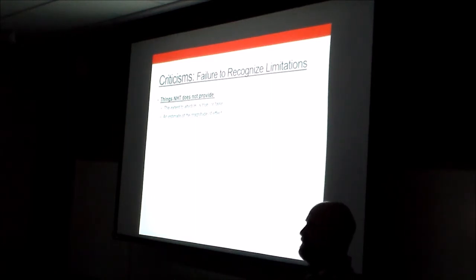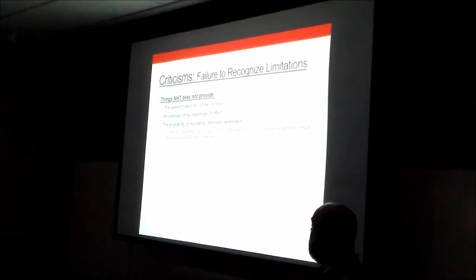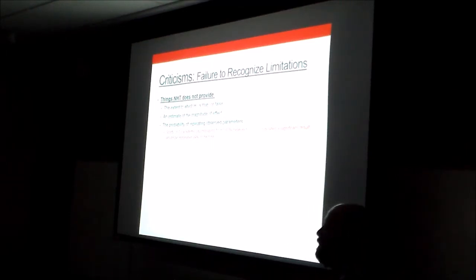Why else might I have a p less than 0.001? I've got 1 million people in my sample, and I've actually got a small effect. I just have so many people in my sample that it forces the p-value to be very, very low. So p-values don't give us a magnitude of effect, and don't tell us the probability of replicating your study.